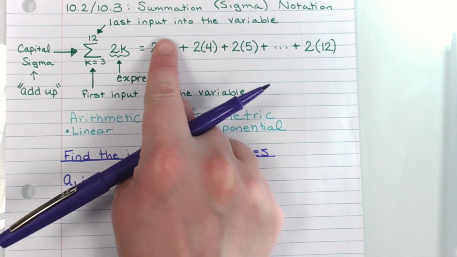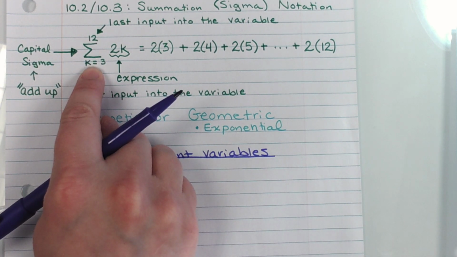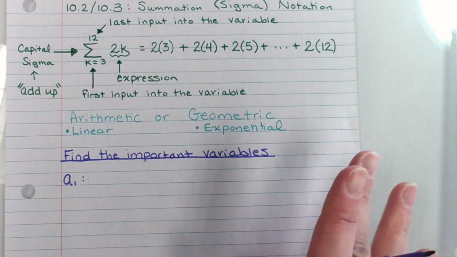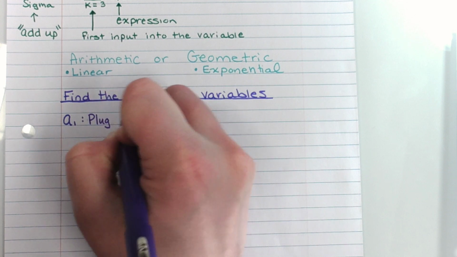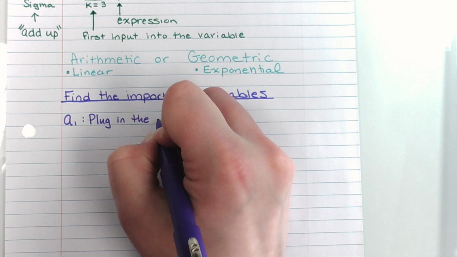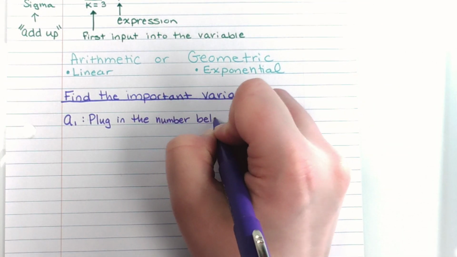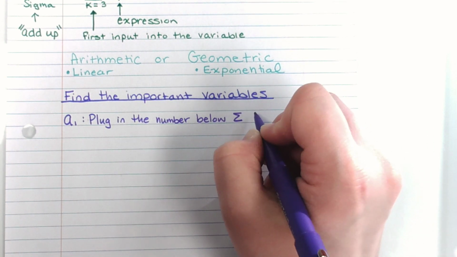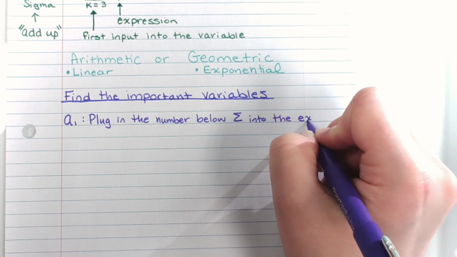How did I know to start here? I pointed it out earlier. It's this getting plugged into this expression. So to find a sub 1, plug in the number below the sigma into the expression.